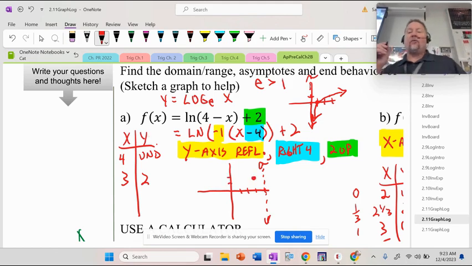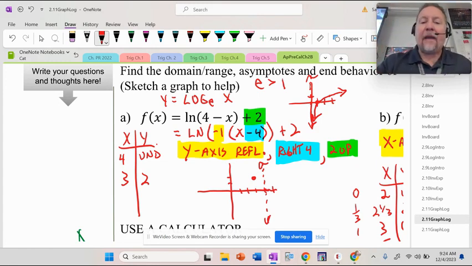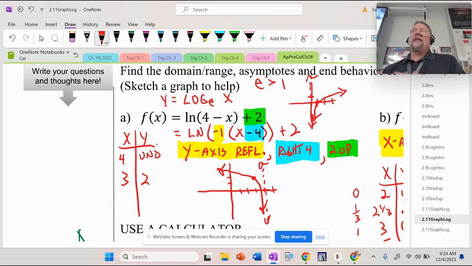Without the flipping over the y-axis, I would have been right here because that's where the (1, 0) gets shifted to, but it got flipped and then moved up 2. Right now, if you can imagine what it looks like after that, flipping over the y-axis, it does this behavior. And that's why ln is not as nice, because you can't get your input-output values very well. It's hard to get 2.718 perfectly.